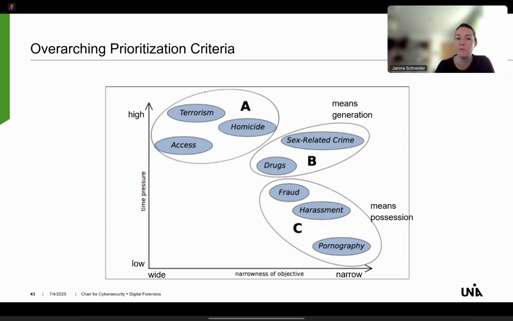So, okay, the time pressure is high, but we don't know what to look for in such cases. But you have to find the things you are looking for quickly because the time pressure is high. So it's super complicated. And as before, it still does make sense to think about these things and come up with graphs like that or prioritization criteria.